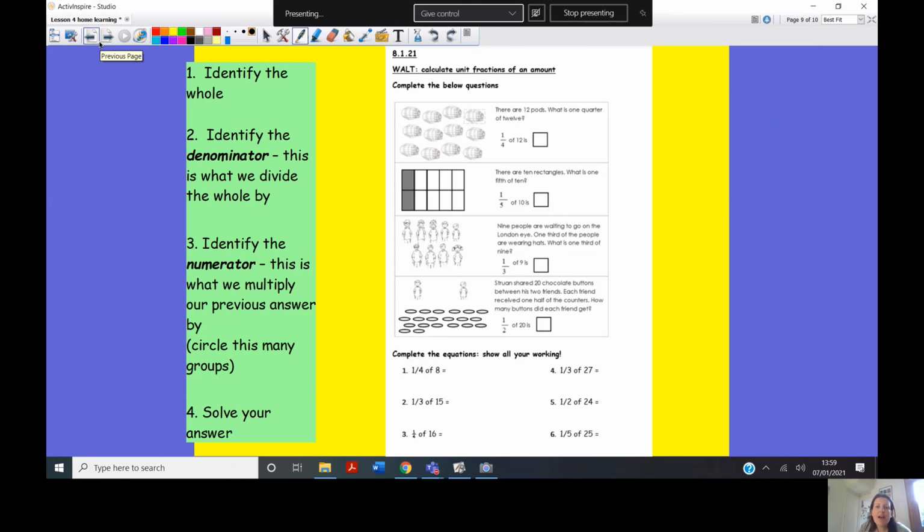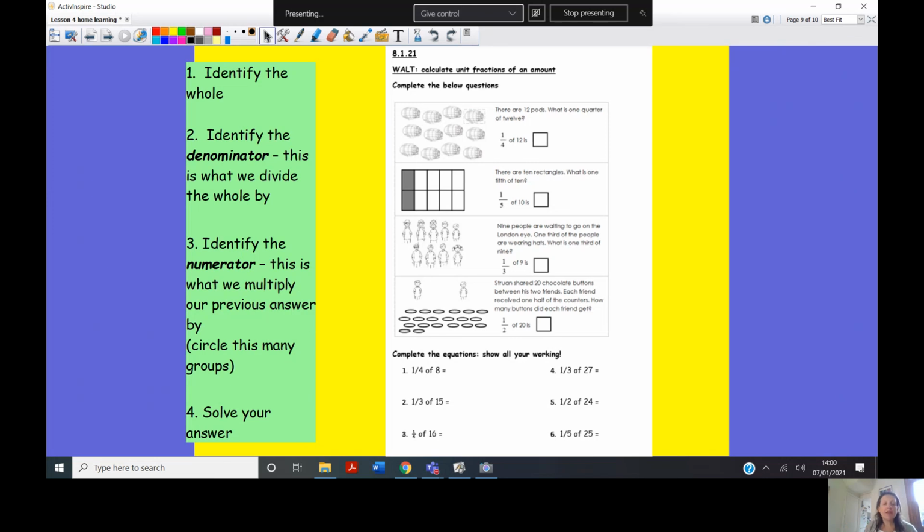Today, this is your independent task. You've got some word problems and you've also just got some equations. Here are your steps to success. Identify the whole. Identify the denominator, which is what we divide by. Divide the whole by the denominator. Identify the numerator, what we multiply our previous answer by, that is the whole divided by the denominator.